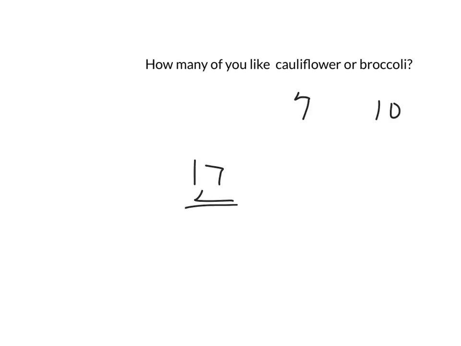And what did you say, Donna? The people that like the broccoli. Okay. The mistake I made was I counted the people who like cauliflower and broccoli both times. You see that? So if you liked cauliflower and broccoli, I counted you in these 7. If you like cauliflower and broccoli, I also counted you in these 10.